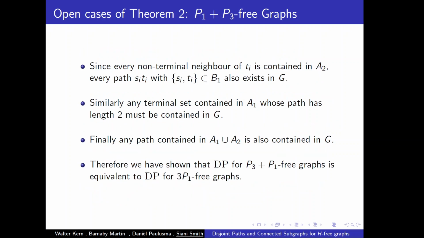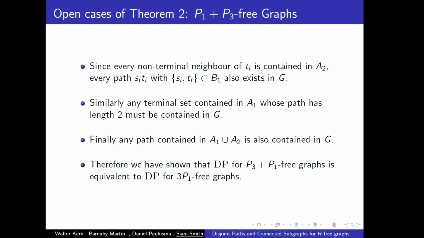Then the other direction. Imagine we have some solution in G prime. If this isn't a solution in G, it must make use of some edges that we added. But in G prime, every non-terminal neighbour of a terminal vertex Ti is contained in A2.